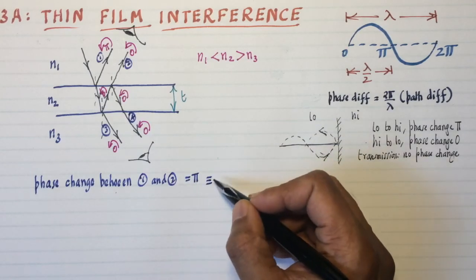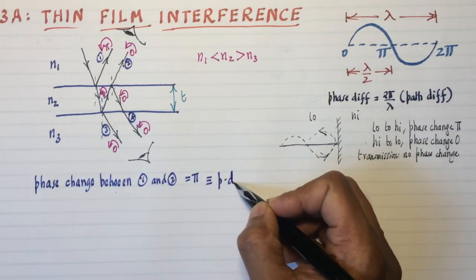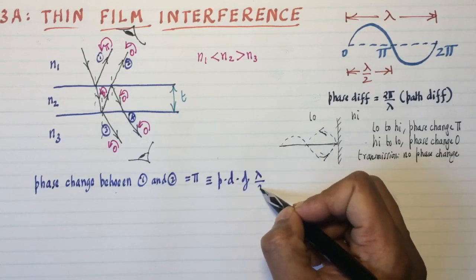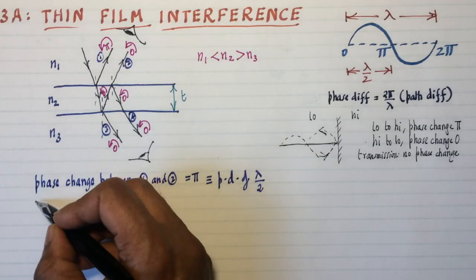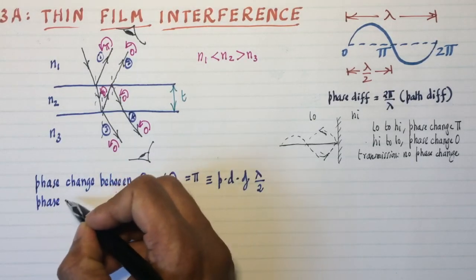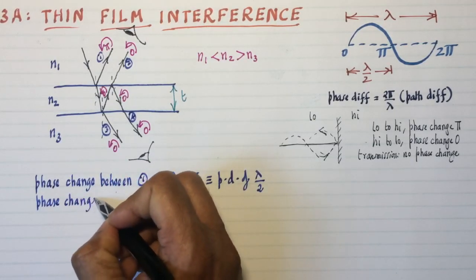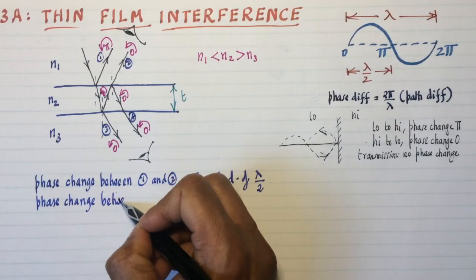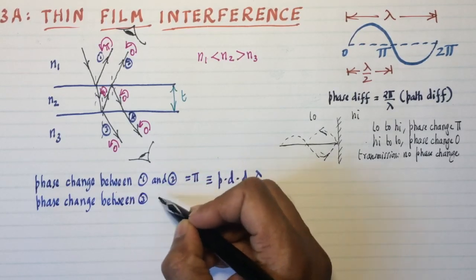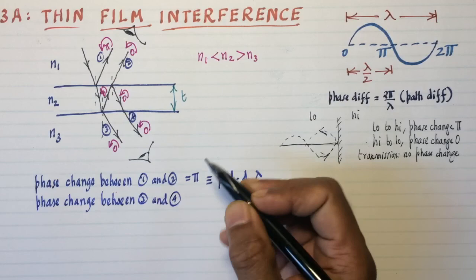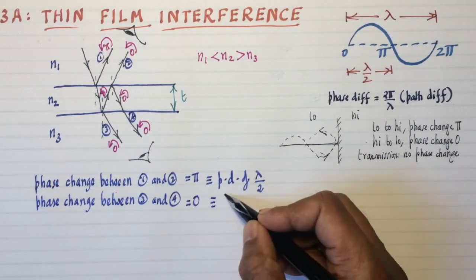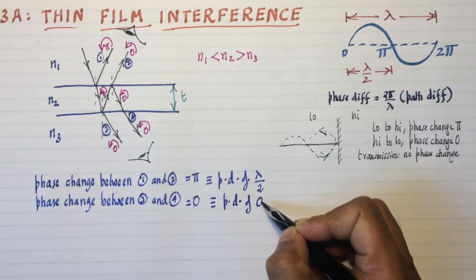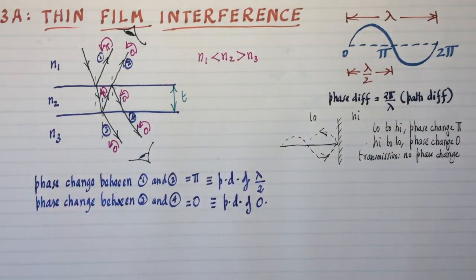Well, that corresponds to a path difference of lambda by 2 because pi corresponds to lambda by 2. And then you don't have any phase change between 3 and 4 because that's 0 minus 0, so that's 0, and that corresponds to a path difference of 0. So that's the results of all these analyses.